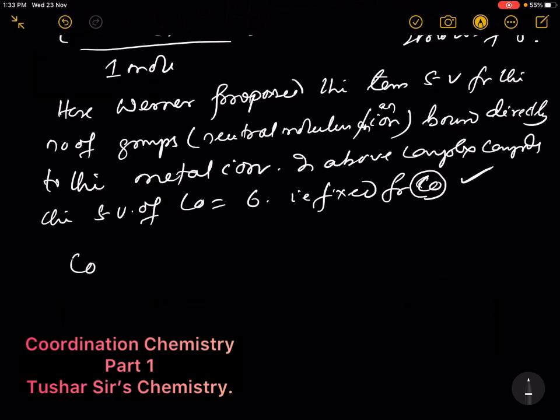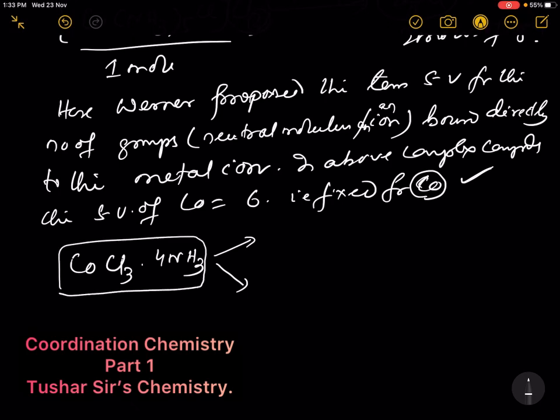In CoCl3 4 ammonia, you will find 2 types of compounds having identical molecular formula. One of them is green in color and the other one is violet in color.